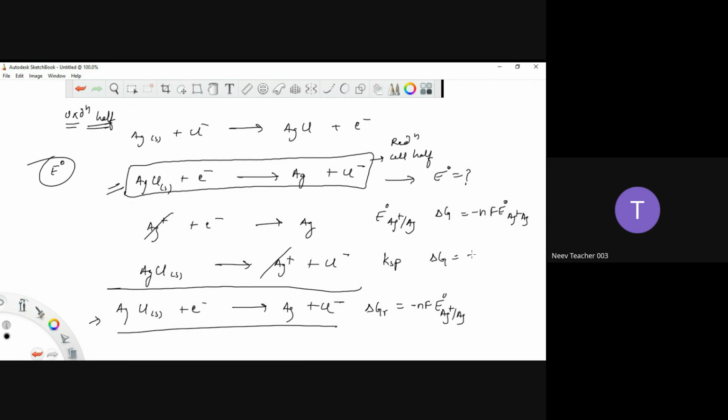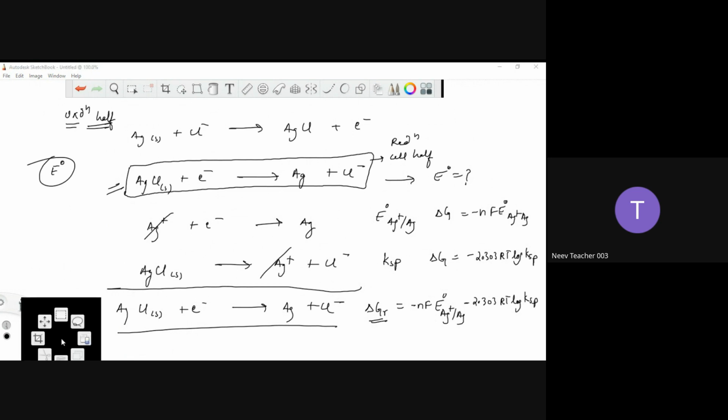You remember that it is minus RT ln Ksp, or you can take 2.303 instead of ln, so minus 2.303 RT log Ksp. So del G of this reaction will be minus NFE and minus 2.303 RT log Ksp.